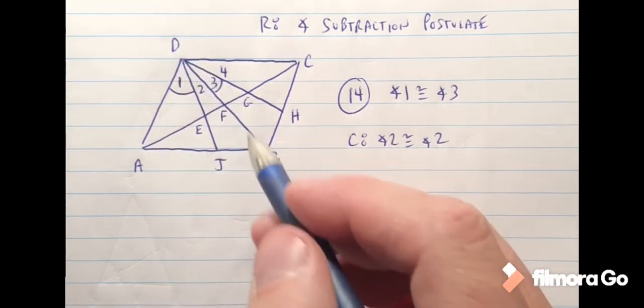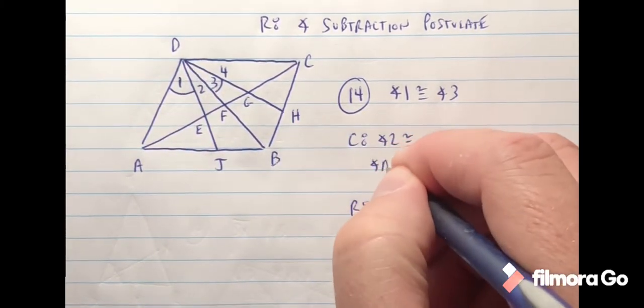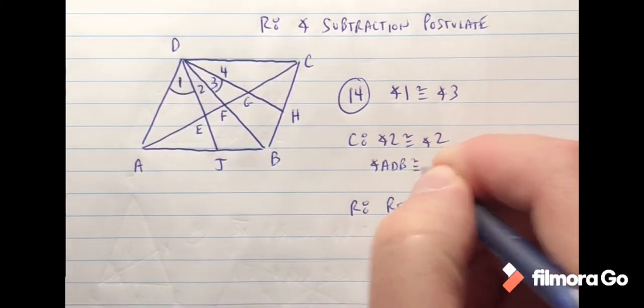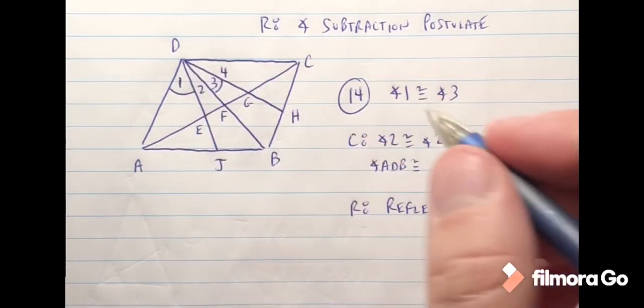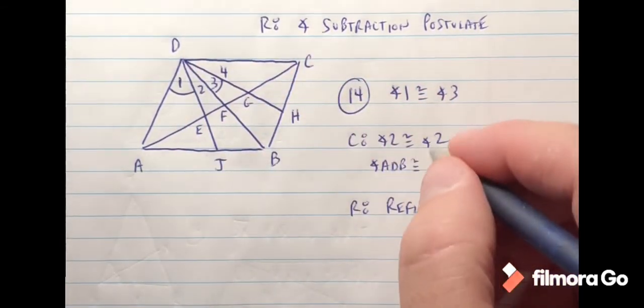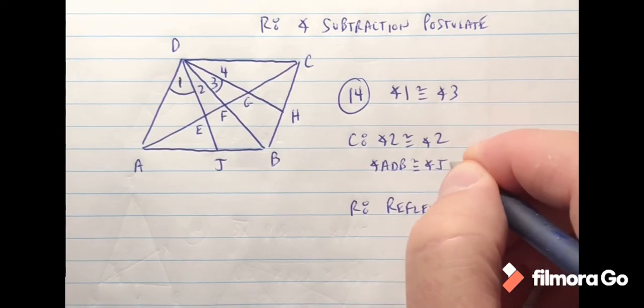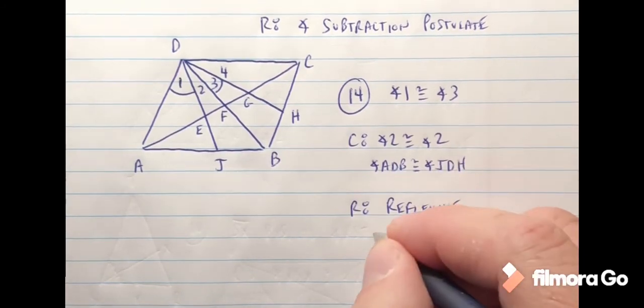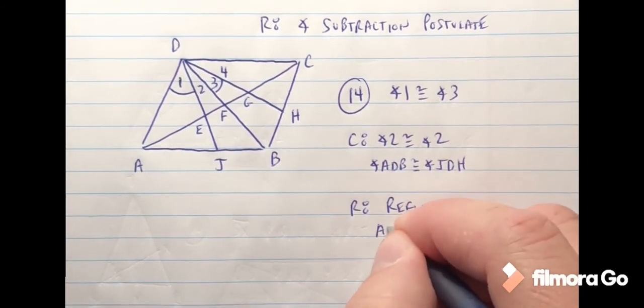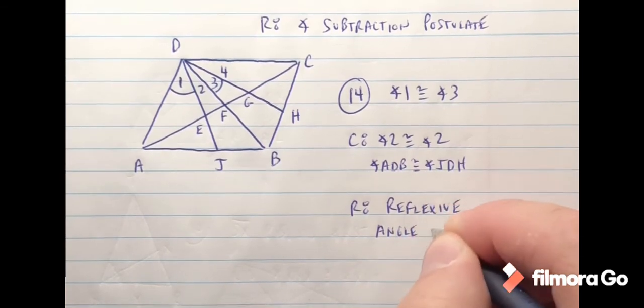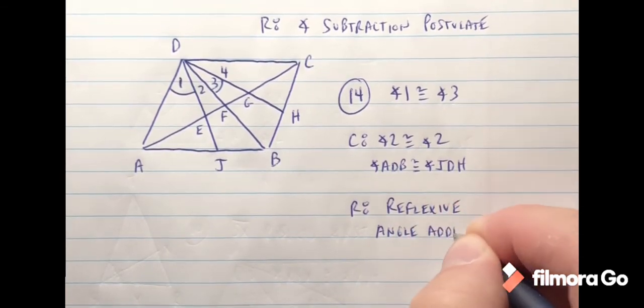So this is angle ADB congruent to angle JDH. And this is going to be the angle addition postulate.